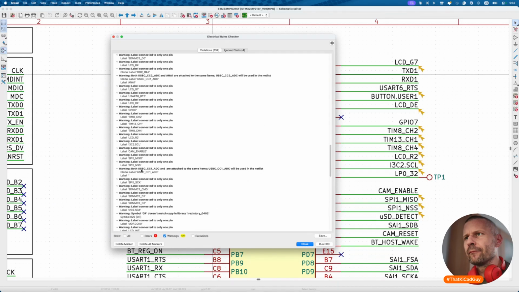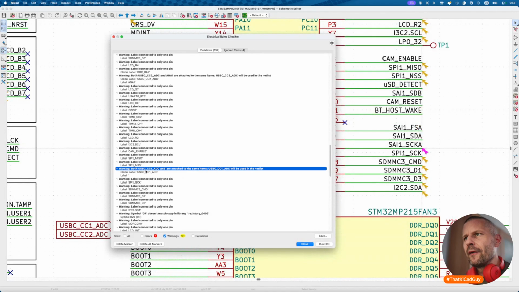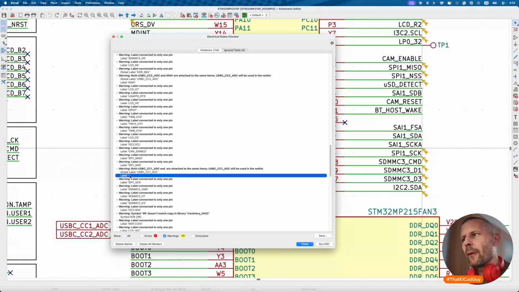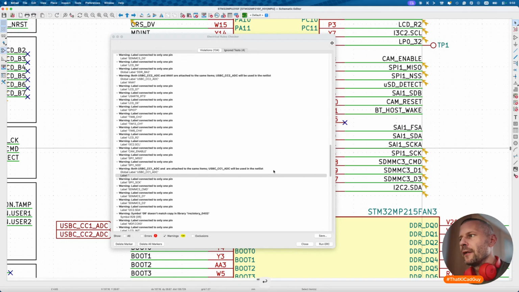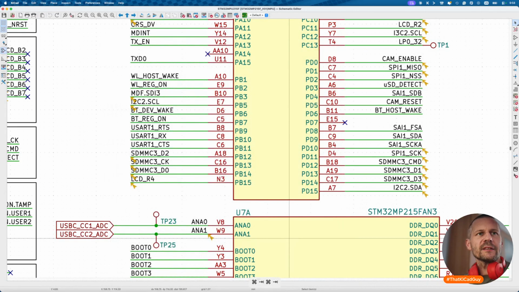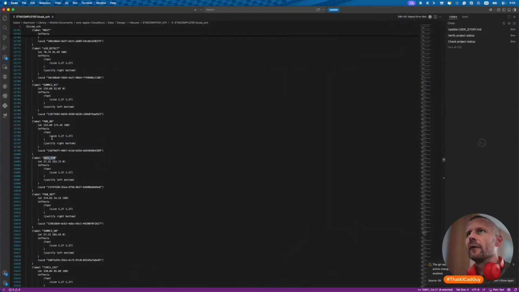Here is the warning. Both CC80C1 and empty are attached to the same items. Yes. Yeah, label here, empty label. Okay. So what we can do is save the report, because we know that in the report the ERC found it. Empty label. Okay. So I can close this, and I will keep it open.